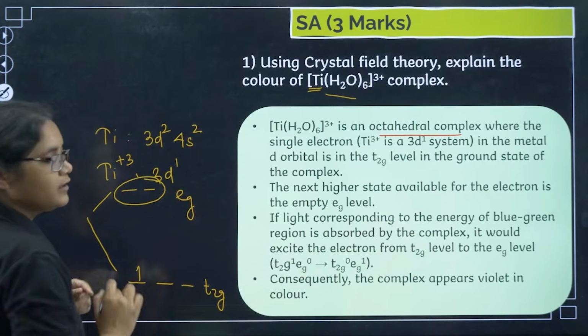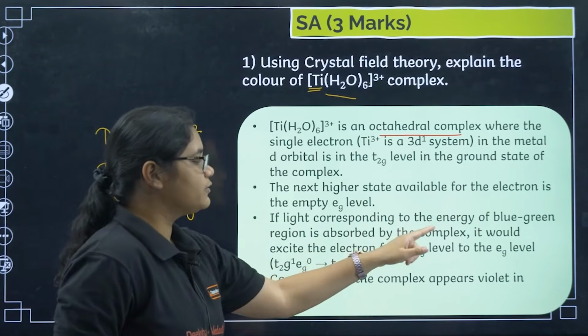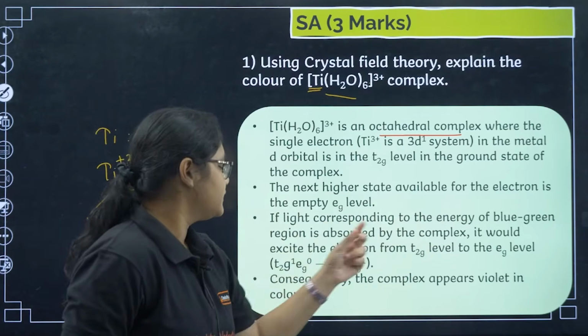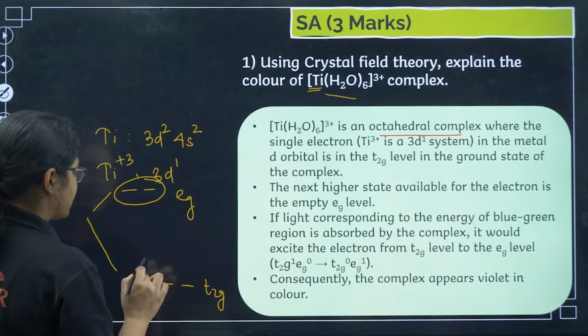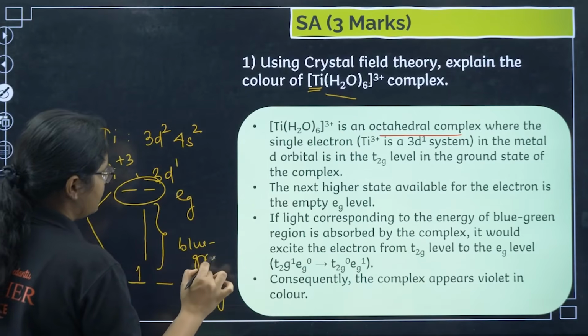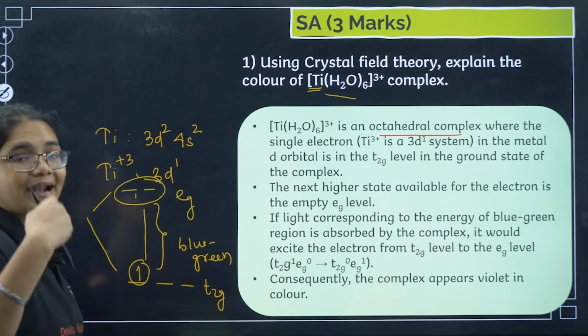Now, if light corresponding to the energy of the blue-green region is absorbed by the complex, it would excite the electron from t2g to the eg level. This gap is such that the frequency of blue-green light is the correct frequency for the electron to absorb and get excited.